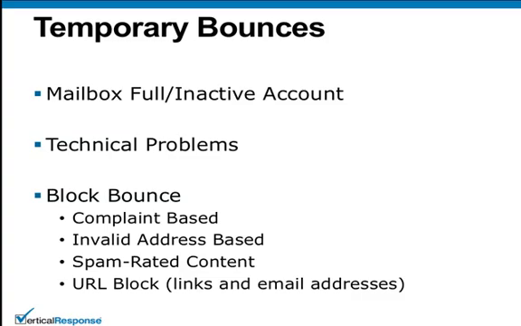Right now, we don't have reporting available in the application to illustrate which portion of your contacts may have soft bounced. However, I can assure you that those addresses do remain mailable and active in your contact list so that you can reattempt delivery in future campaigns. So some common temporary bounce reasons include inactive accounts or mailbox full. So inactive accounts indicate that the mailbox is unavailable, temporarily disabled for some reason, maybe infrequent use.